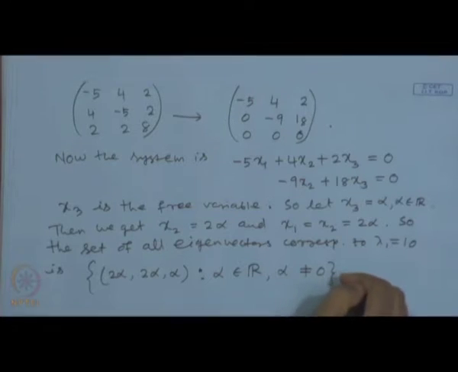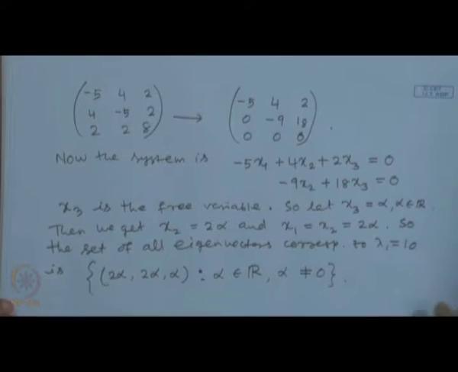If alpha equals 0, then we get the 0 vector, and the 0 vector cannot be an eigenvector. So, this is the set of all eigenvectors corresponding to the eigenvalue lambda 1 = 10.